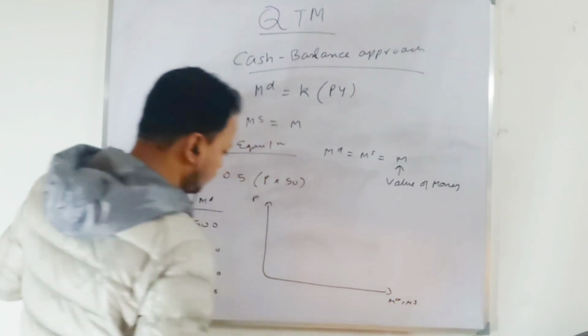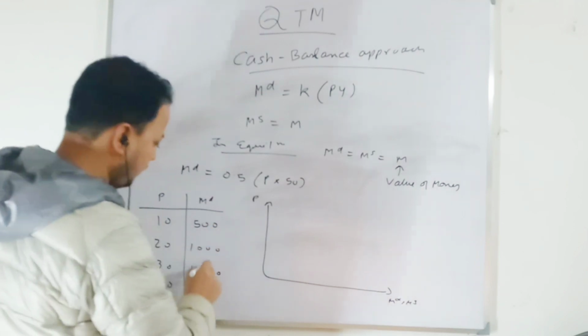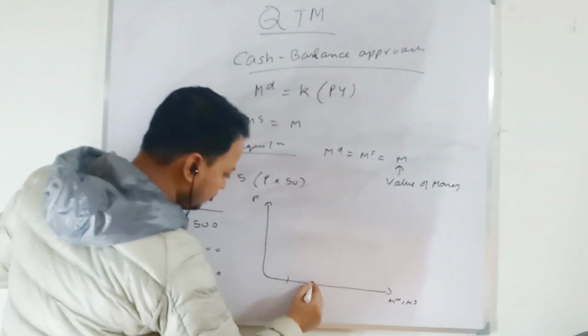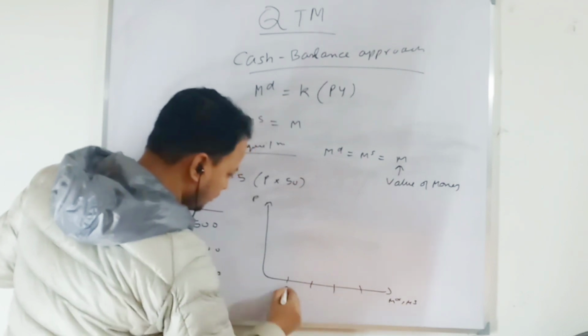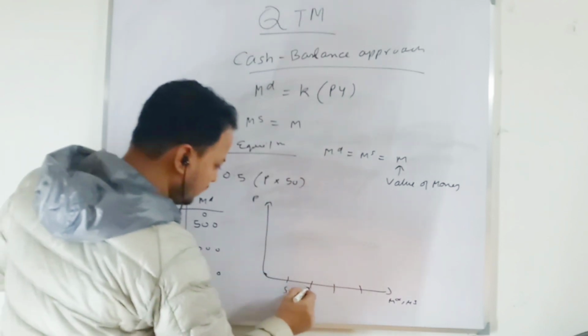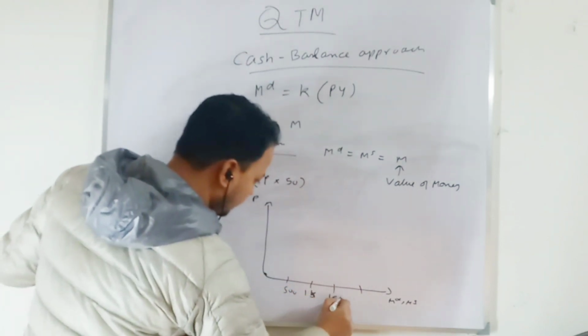Right now I am just noting this money demand function. So I am taking this 500. Keep this equidistant when you are taking 500. When price level is 0, this is 0, so it will start from 0. This is 1000, 1k. This is 1.5k. This is 2k.